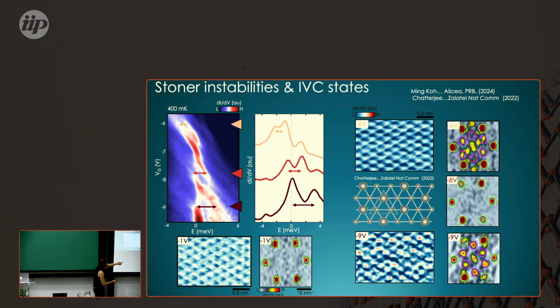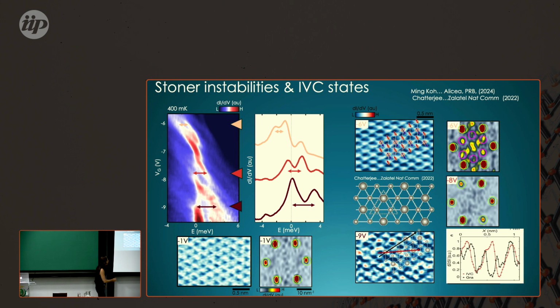If we take a line cut along this and along here, we expect to see high intensity, low, low, high intensity, and this is this black line where we see high intensity, low, low, and high intensity. Later on I'll try to explain why we think this is not as ordered as expected in the theory.